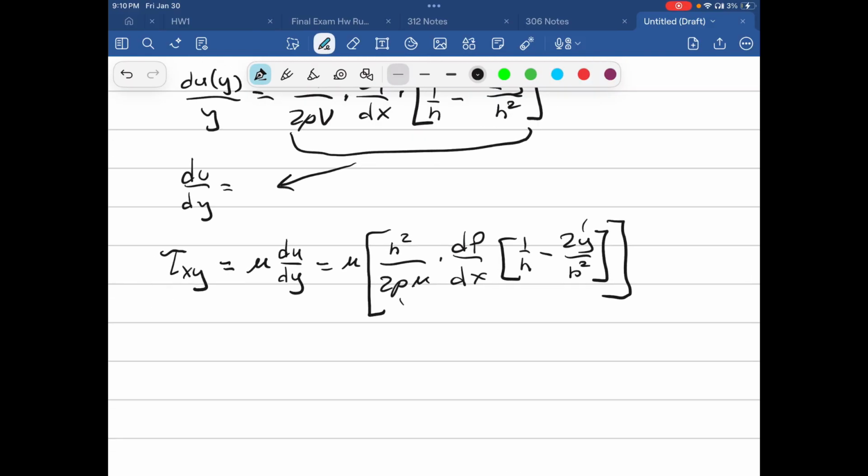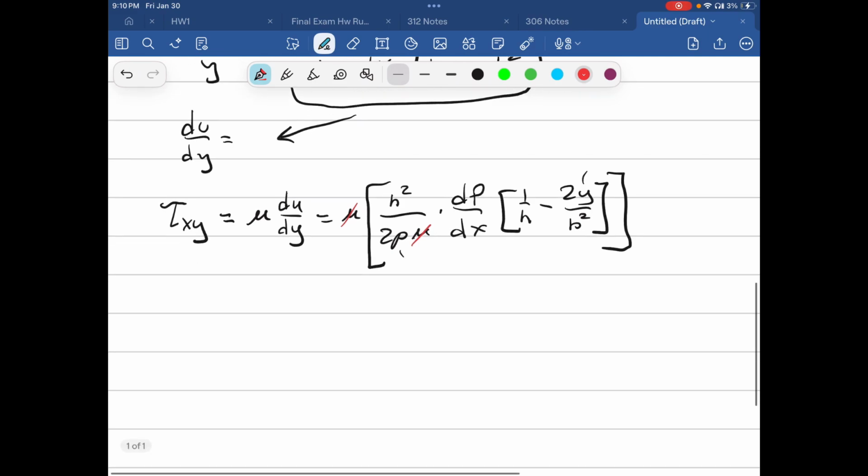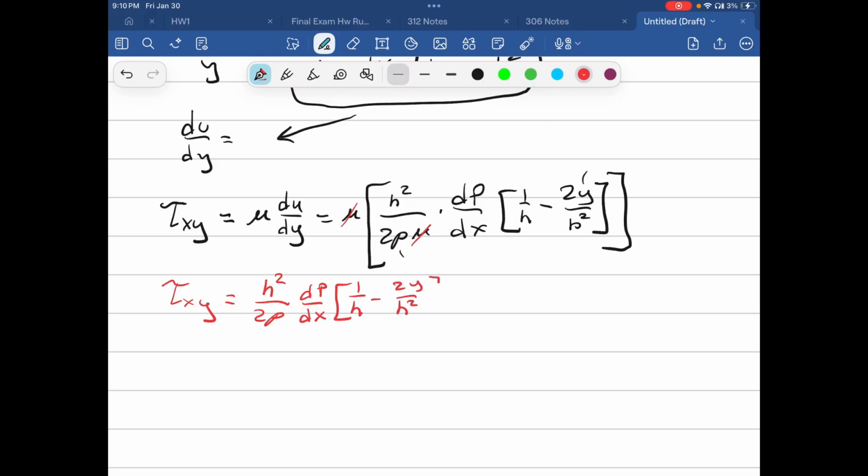Now you'll notice we can cross out these viscous terms, and we are left with tau xy equals h squared over 2 rho dp dx times 1 over h minus 2y over h squared.